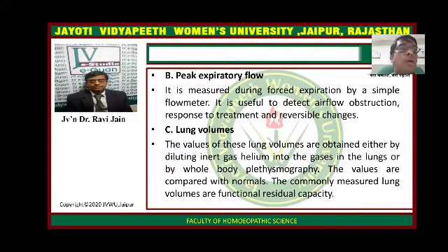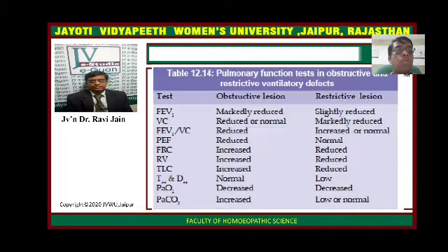The values of the lung volumes are obtained either by diluting inert gas helium into the gases in the lungs or by whole body plethysmography. The values are compared to normal, and the commonly measured lung volume is functional residual capacity. So this was all about the volumes.